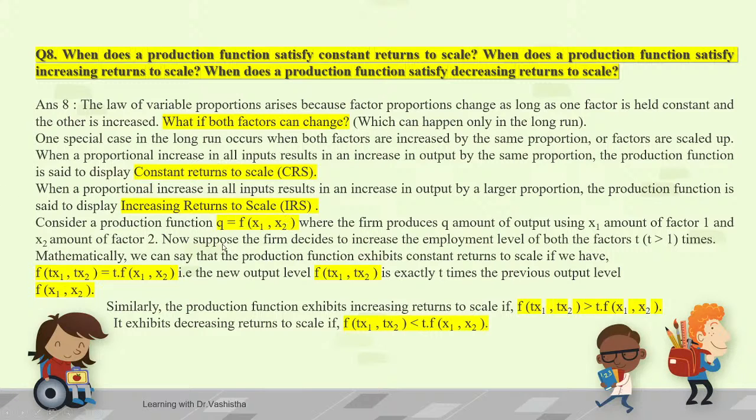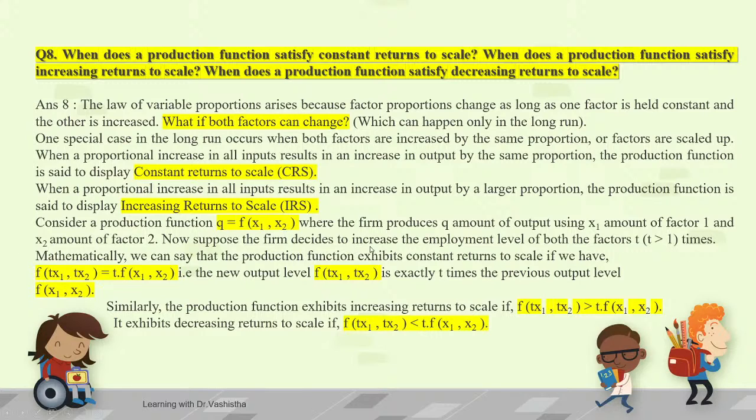Now let us consider a production function where Q is the output, F is the function, and x1 and x2 are the factors of production, where the firm produces q amount of output using x1 amount of factor 1 and x2 amount of factor 2. There are two factors of production.